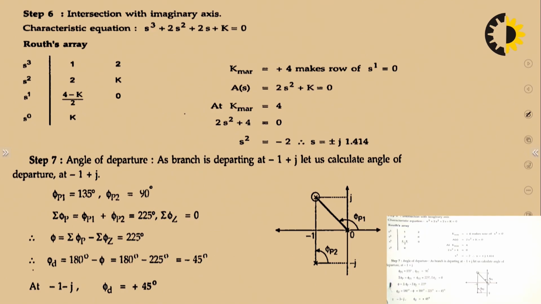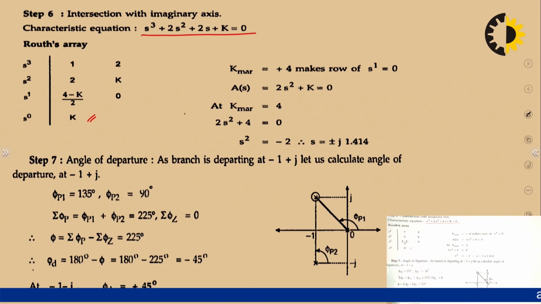Now we will check the intersection with the imaginary axis. We put the characteristic equation equal to 0 and use the Routh-Hurwitz criterion, and we get the points plus minus j 1.414. For sustained oscillation, this value should be equal to 0, so k marginal equals 4.